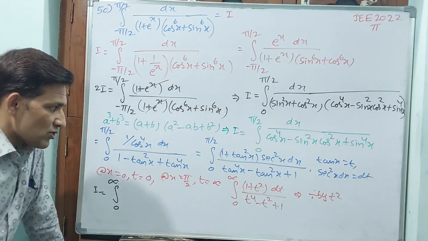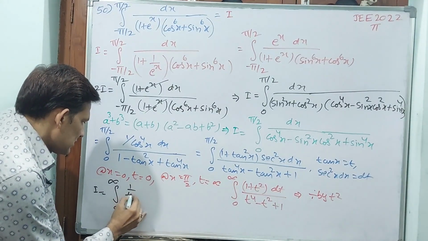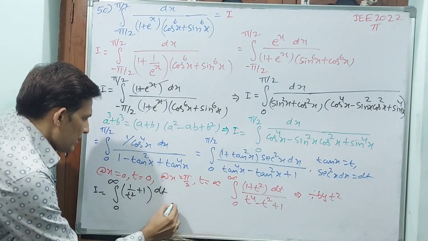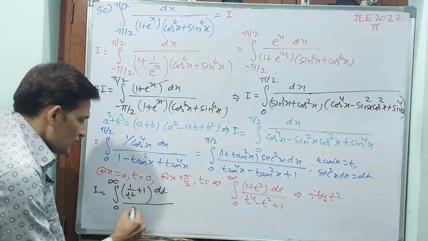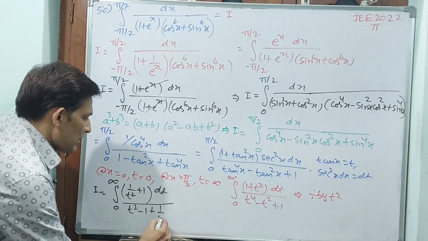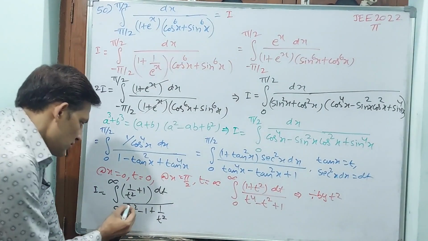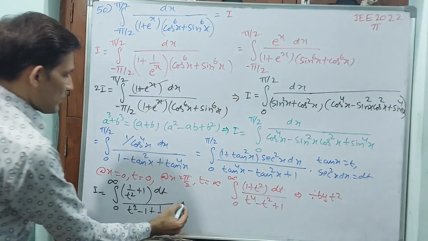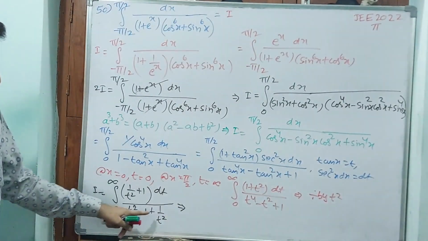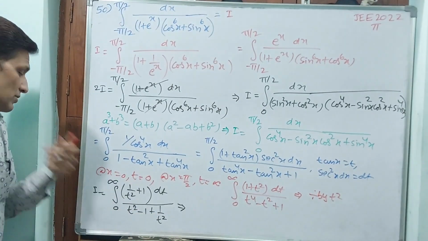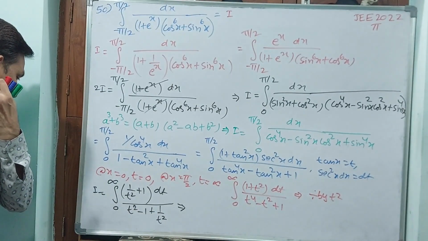If you divide it by t square, 1 by t square plus 1, and dt divided by t square, minus 1, plus 1 by t square. Now how are you going to change this? It is a square plus b square minus 2, but here minus 2 is not there.